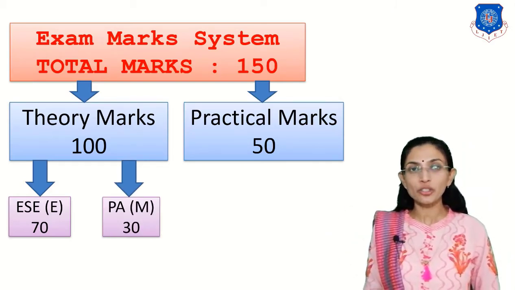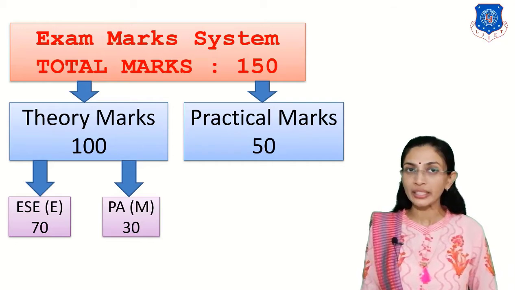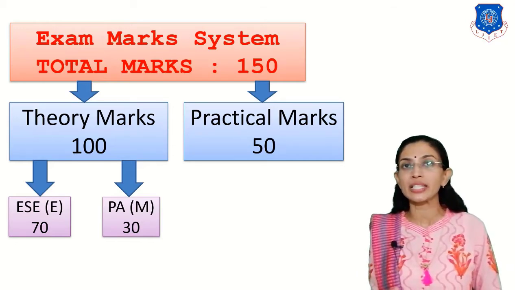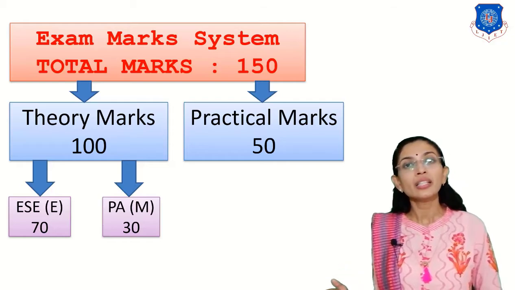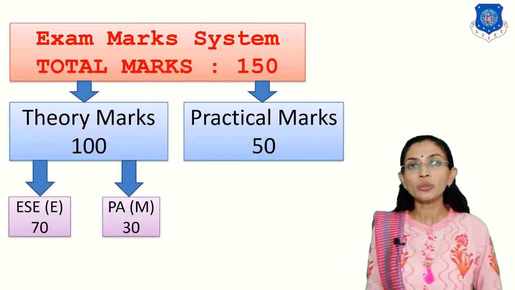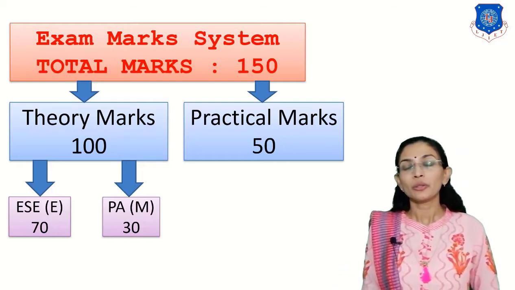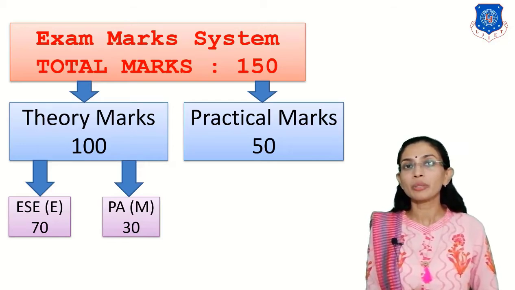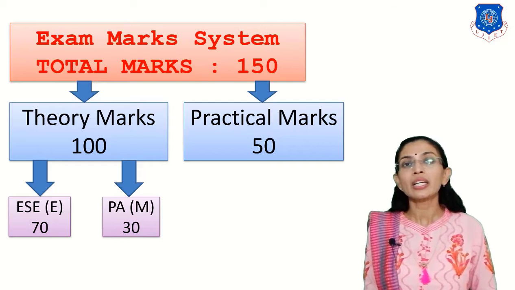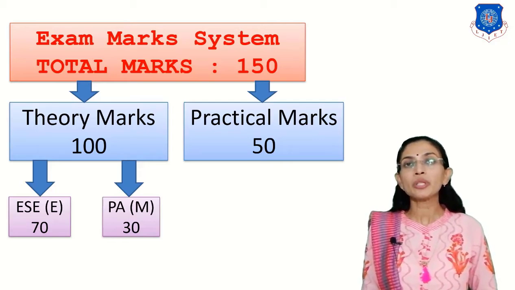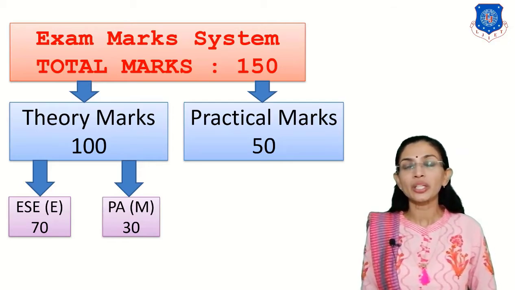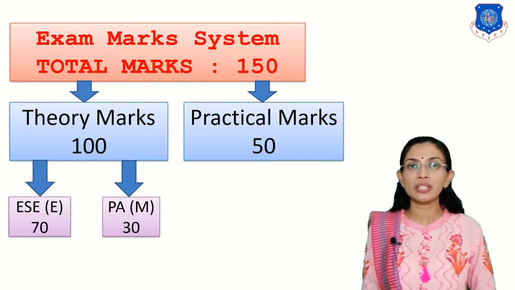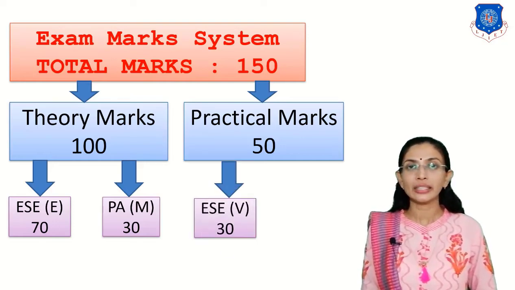ESE, that is the external examination, will be conducted by the university, and PA, that is the progressive assessment, will be conducted by the institute. It is known as mid-sem. External exam marks will be out of 70 and mid-sem will be conducted by the institute and the final marks will be given after progressive assessment out of 30.